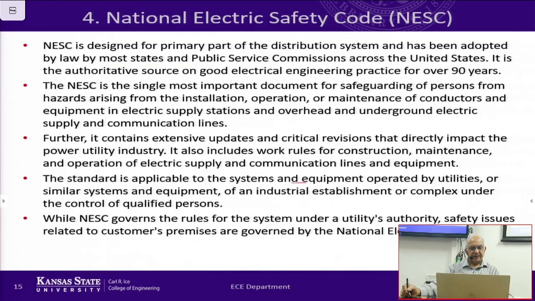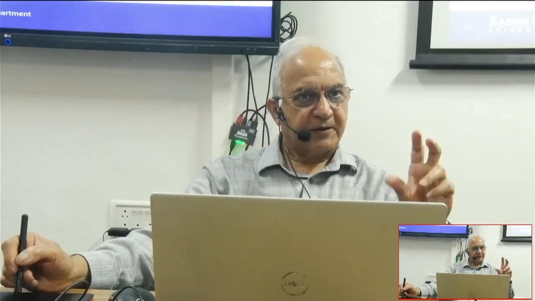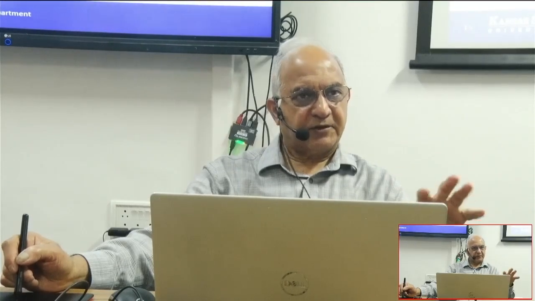While NESC governs the rules for the system under a utility's authority, safety issues related to customers' premises are governed by the National Electric Code. So there are two different things, the National Electric Safety Code and the National Electric Code, which is different.